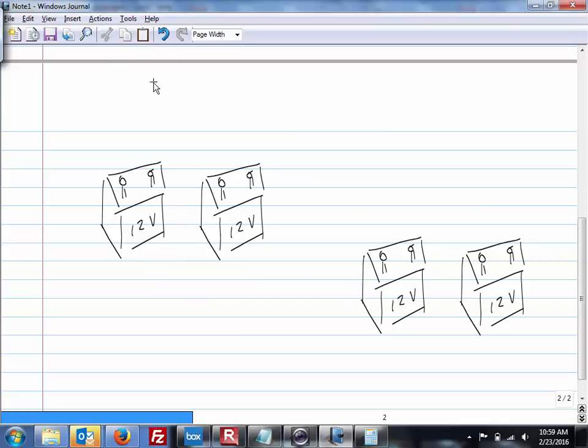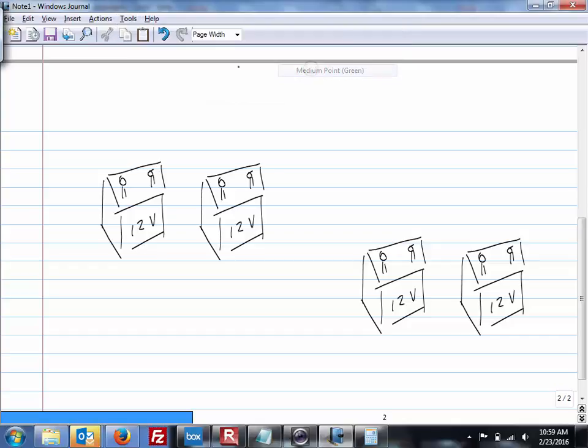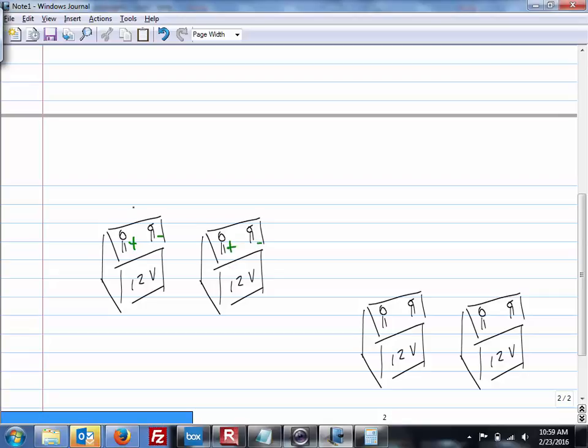Let's just do plus, minus. Plus, minus. If I wire them like so, and put my multimeter right here, 1, 2, 3, 4.